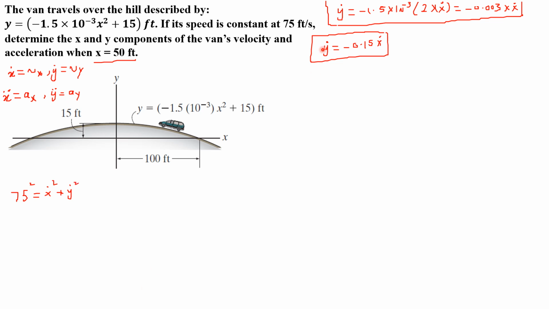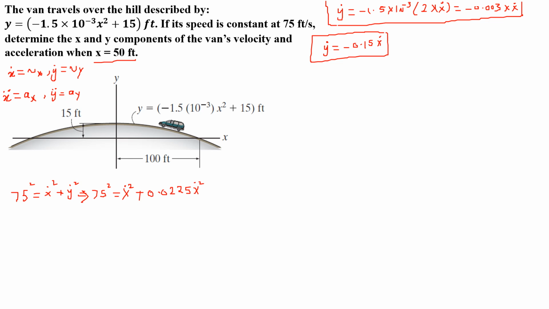Replacing y dot from here, we can solve for x dot. So we'll have one unknown, so this would be simply 75 squared equals x dot squared plus, if I square the negative 0.15, I will have 0.0225 x dot squared.